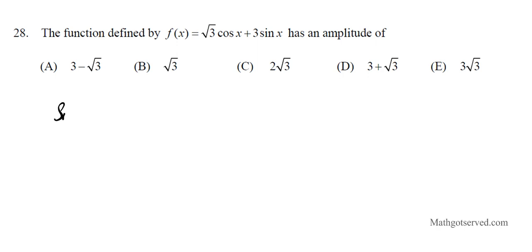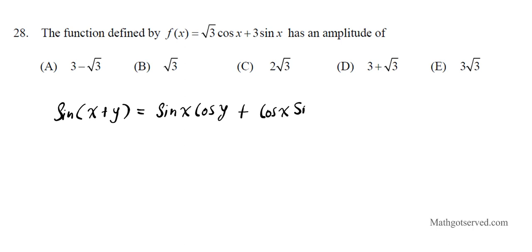So remember, sine of x plus y is equal to what? It is sine x cosine y plus cosine x sine y. This is a sum identity we're all used to, but I'm going to rewrite it in a way that's consistent with how this function is set up.